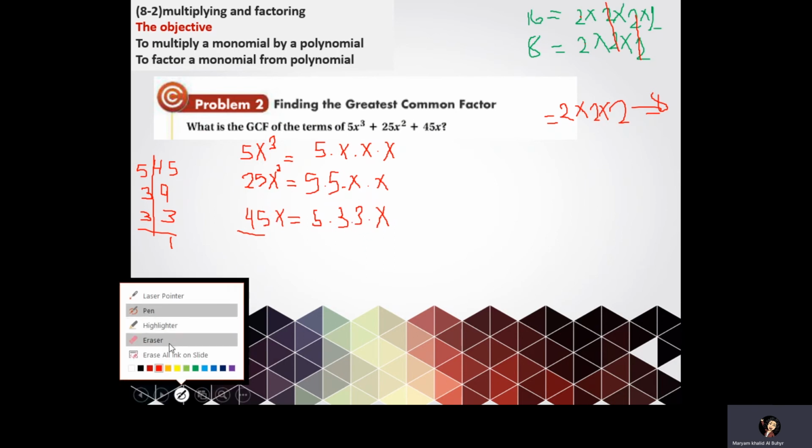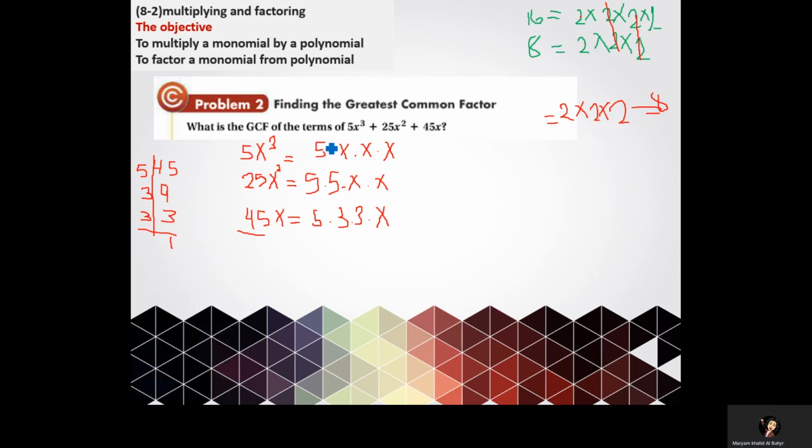Now, let's see what the greatest common factor is. There is 5 here, and 5 here, and 5 here. All right. Now, x here, x here, x here. Is there anything in all of them? No. There is x here and x here, but there is no more x here.